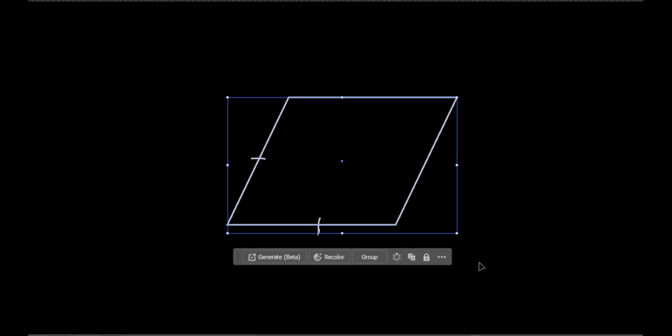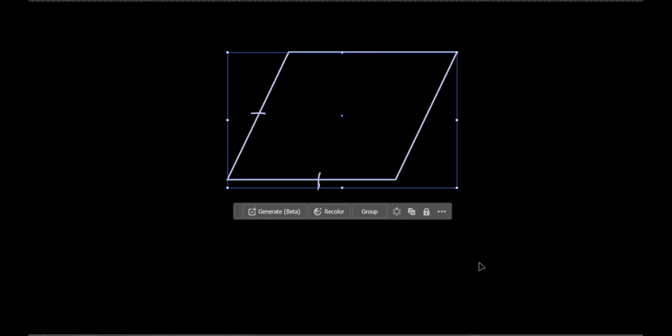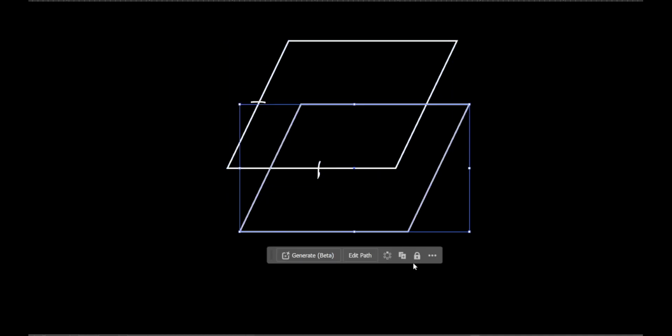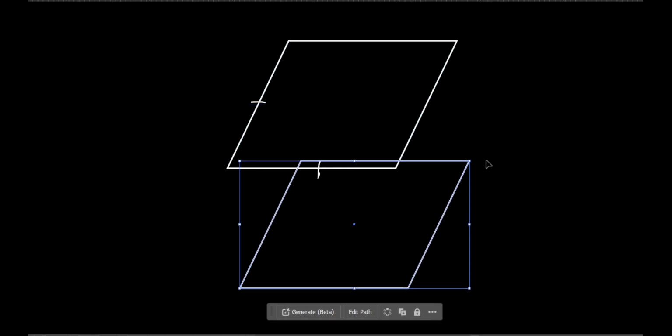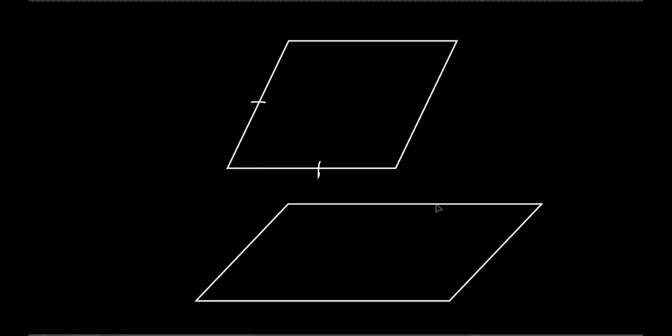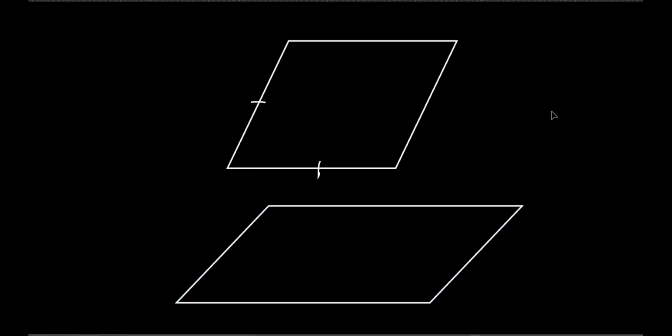And it says if two consecutive sides of a parallelogram are equal to each other. So let's draw your quote normal parallelogram, if there is a normal parallelogram. Let's copy and paste that and push this down here. This says if two consecutive sides of a parallelogram, well, what are the consecutive sides?